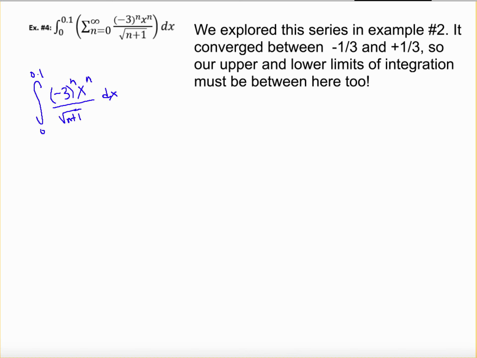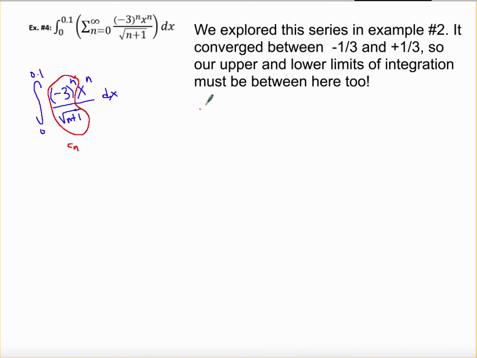Now, I know at first you're probably thinking, whoa, I'm not really feeling this. But this stuff right here doesn't have any x value in it. So this is kind of like our c sub n. It's like our constant. It's just going to give us a numeric result.